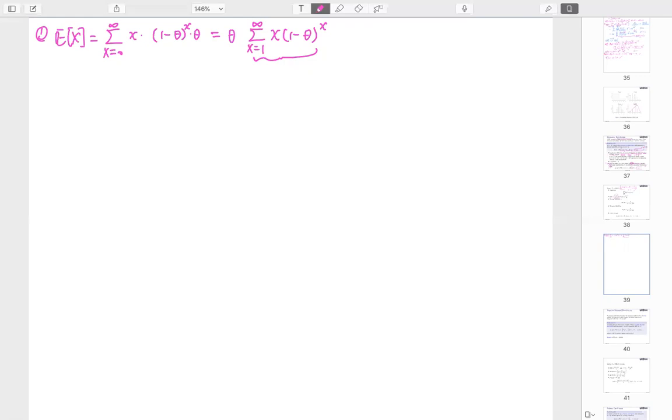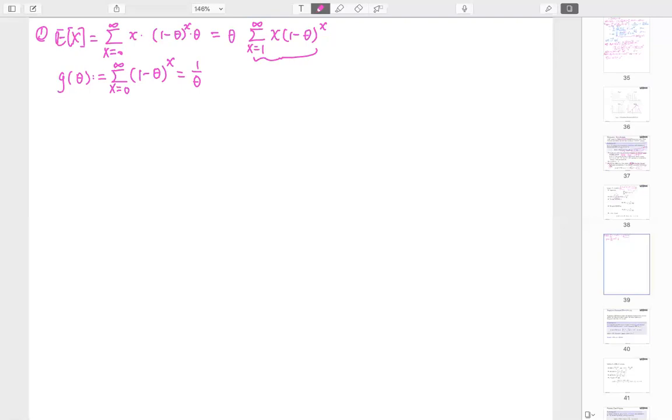So now what I want to do is introduce a function: the sum from 0 to infinity of 1 minus theta to the power of x. Of course we know this, right? By the definition, this is the sum of a geometric series. We know this is 1 over theta, which we just did.